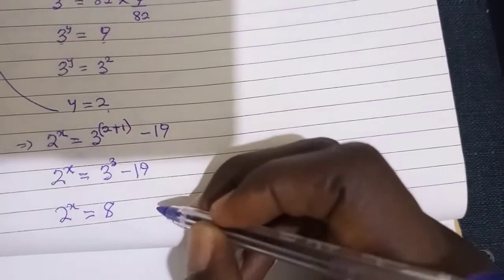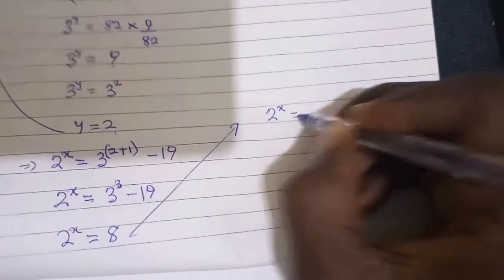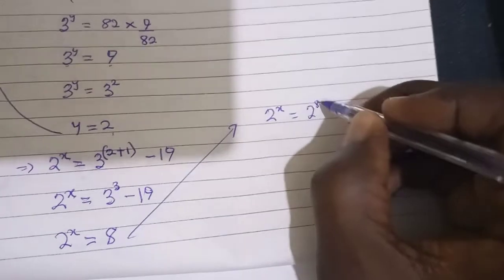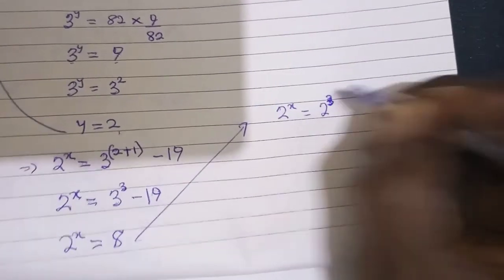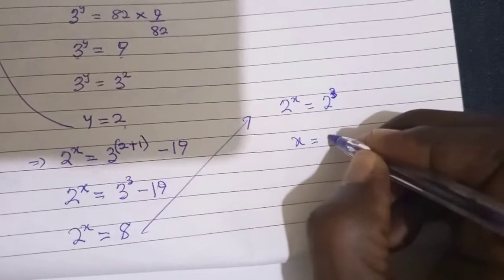So we can say that 2^x equals 2^3, because 2^3 is 8. So x equals 3.